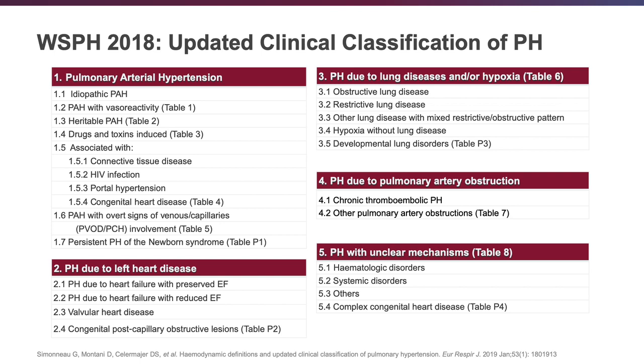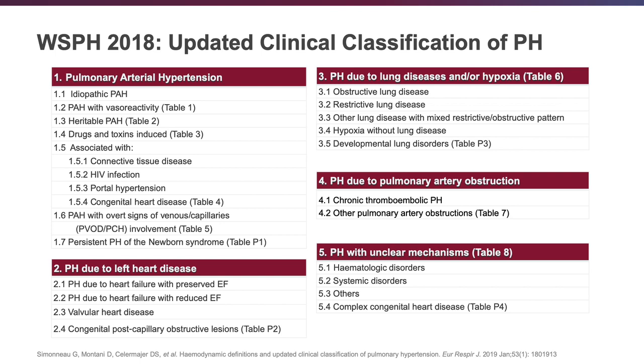Group 2 represents pulmonary hypertension related to left heart disease. Group 3 represents pulmonary hypertension related to lung diseases or those things that can cause chronic hypoxia. Group 4 is pulmonary hypertension due to pulmonary artery obstruction, as in chronic thromboembolic disease.